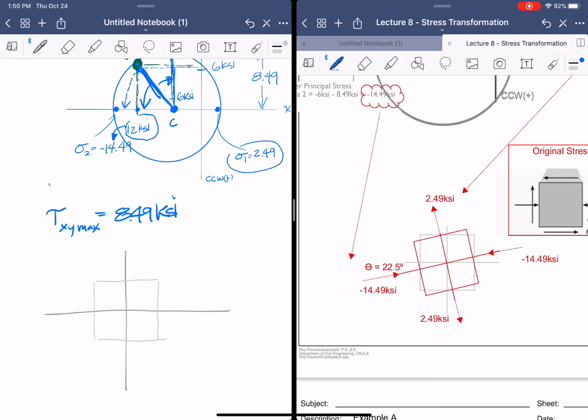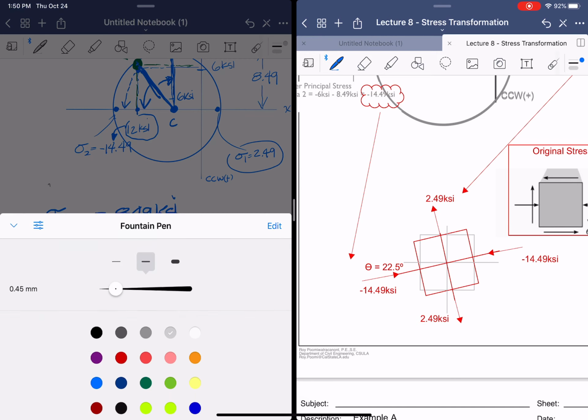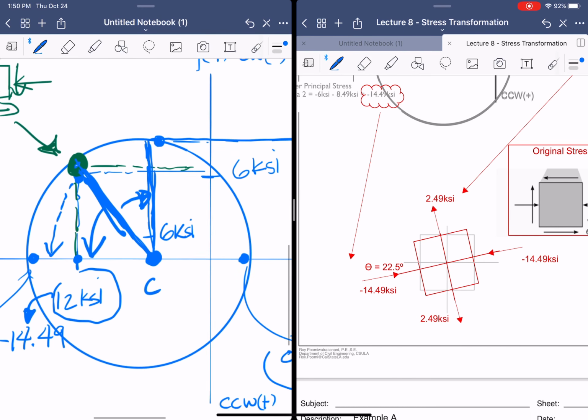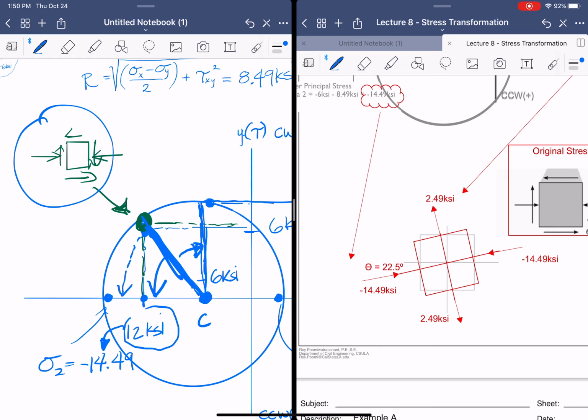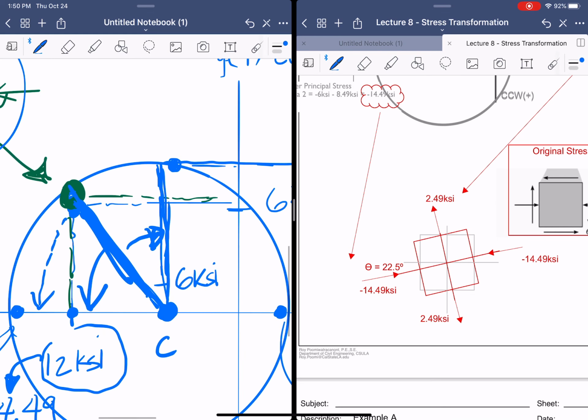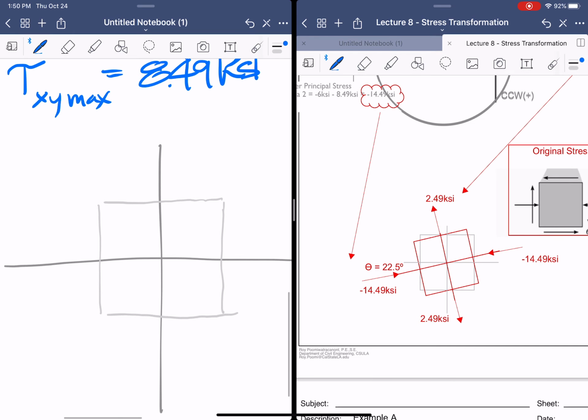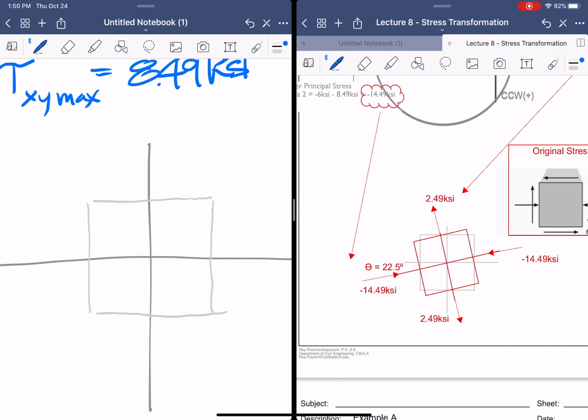The question is, which direction do we move it to, right? And we look at the original problem. This is our original stress block right there. Now we're projecting it onto the other axis this way. So that is clockwise rotation. What that means is that our block rotates clockwise.